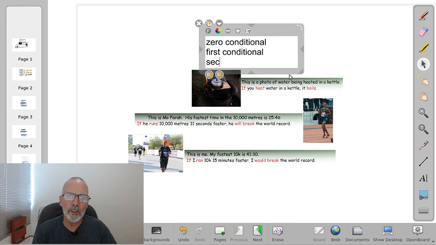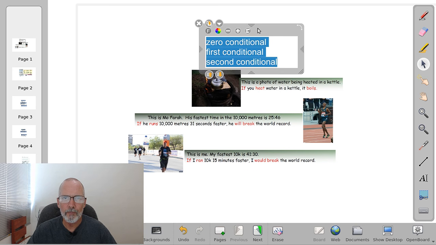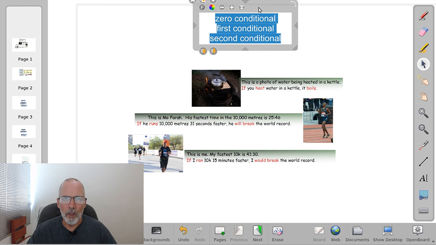And we'll be looking at the second conditional. So like I said, these conditionals we saw in the previous level. That's what we'll be looking at today.